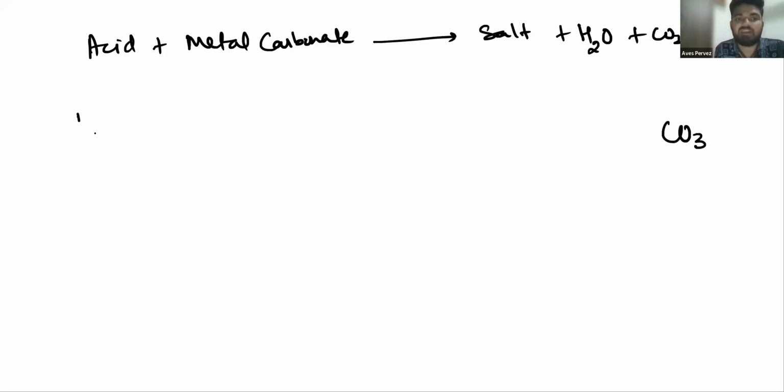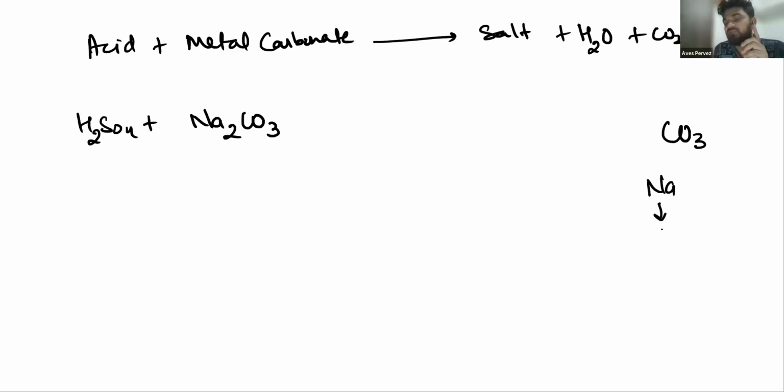Let it react with sodium carbonate, Na2CO3. If you are not able to write the formula of sodium carbonate, then you need to memorize the valency. Sodium has valency 1 and carbonate has valency 2, so you cross multiply and you will get Na2CO3.